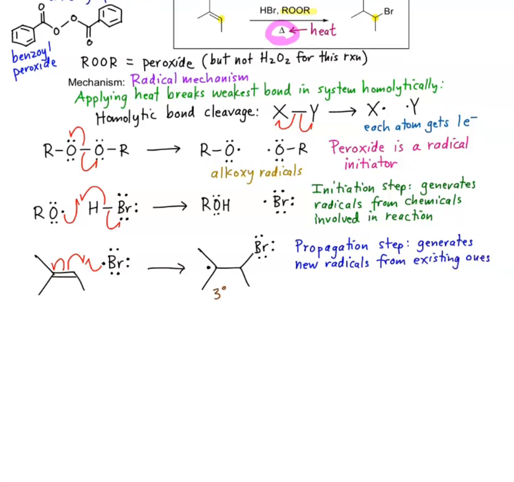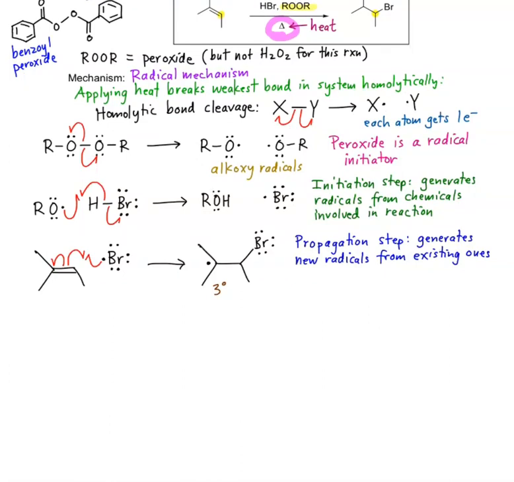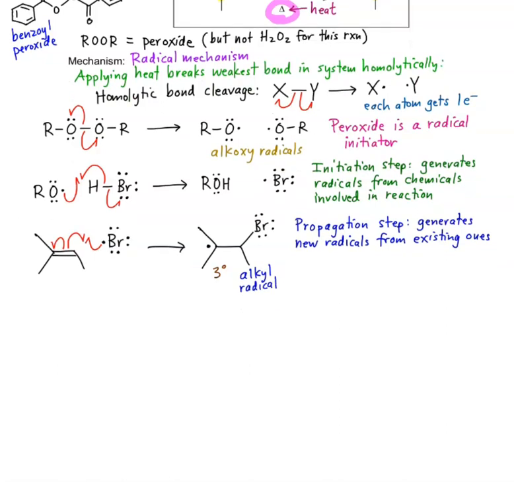So in this case, the existing radical was the bromine radical over on the left side, and you generated a new, we would call it an alkyl radical, as the product. So this is a propagation step.